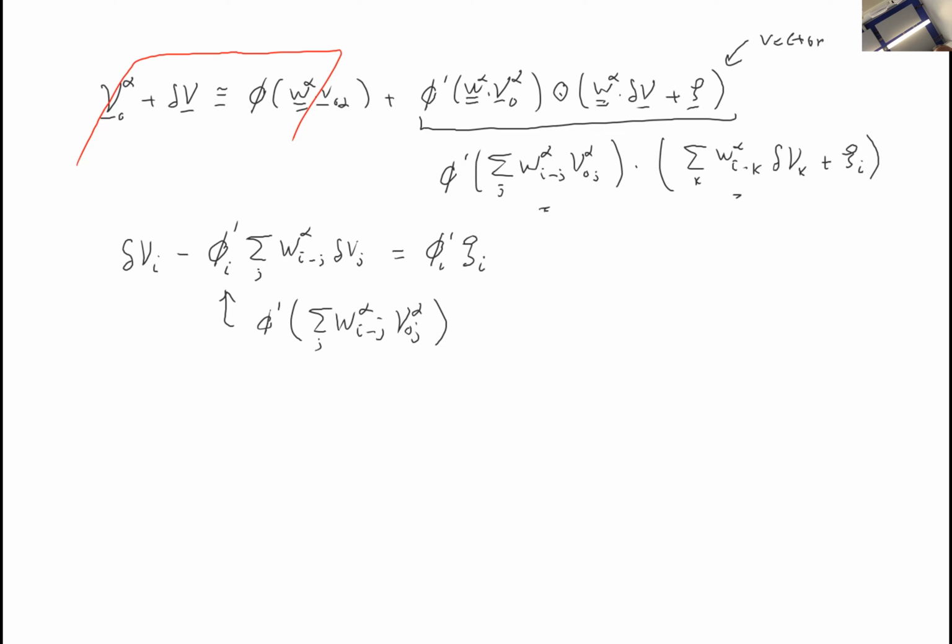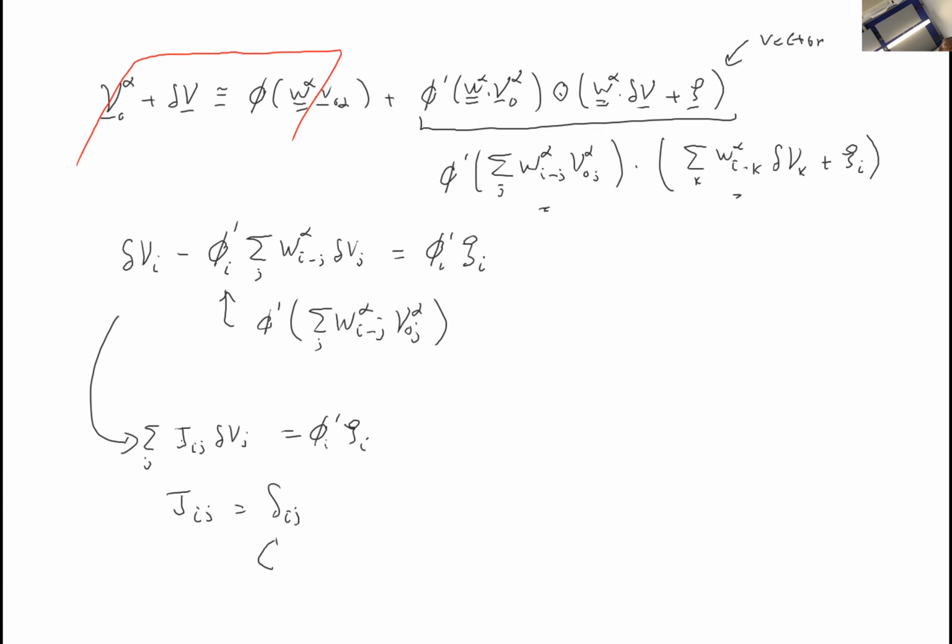And so if we can solve this equation, this is a standard linear equation, right? We can think of this as the sum on j of J ij delta nu j equals phi i prime squiggle i, where J ij equals delta ij.